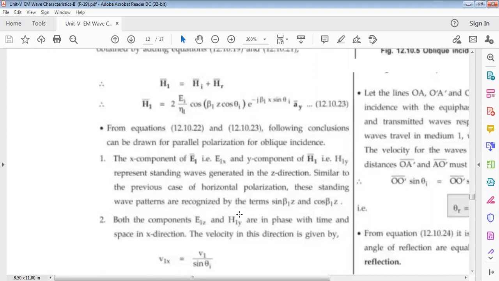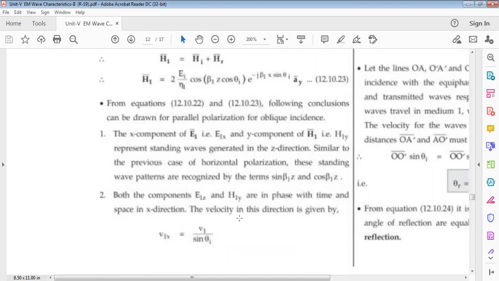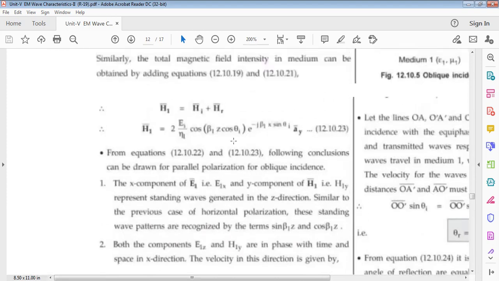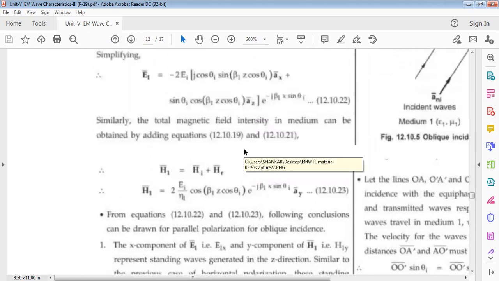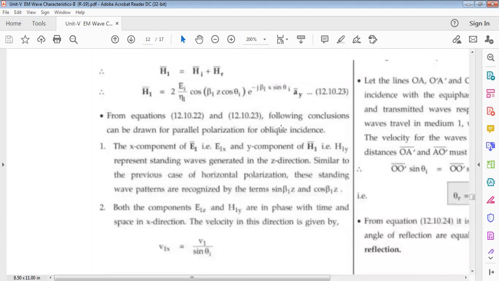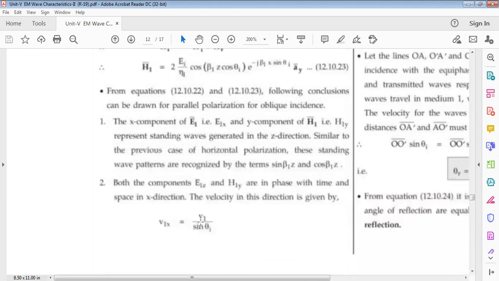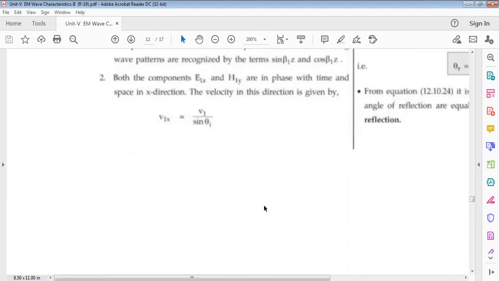Both the components E1x and H1y are in phase with time and space in x direction. The velocity has a coefficient. What is the coefficient here? Sin theta I is there. So V1x is equal to V1 by sin theta I.